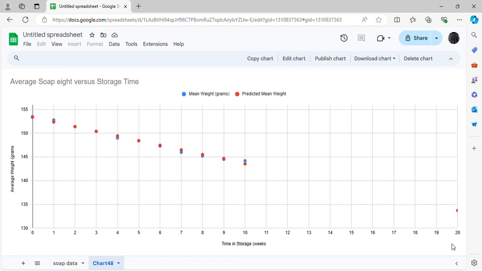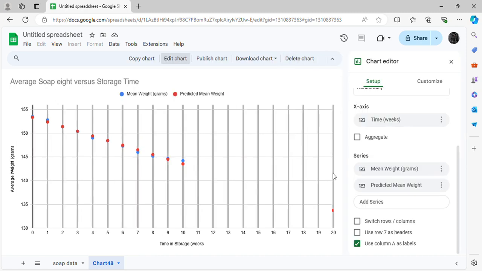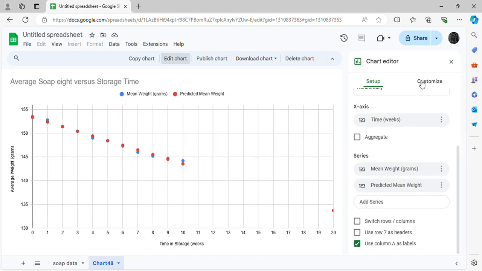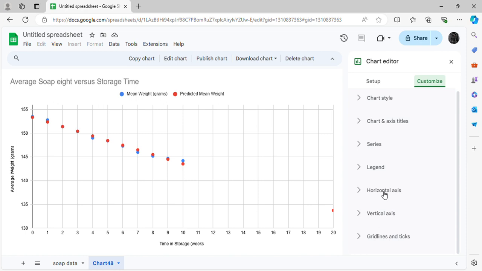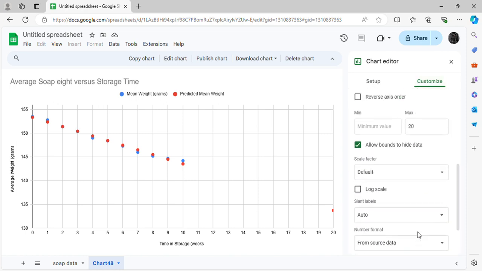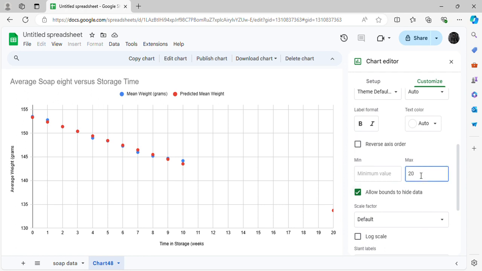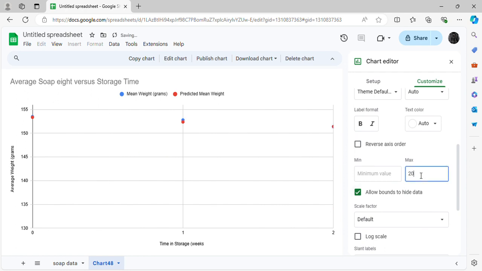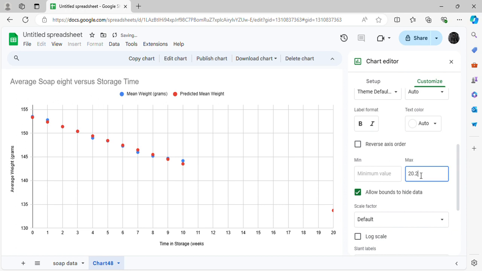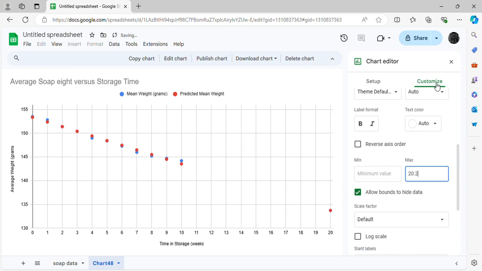Okay, so for 20 weeks, the average weight is not very clear. Let's change the horizontal axis minimum and maximum value. Let's change the maximum value to 20.2. So now it's clear.